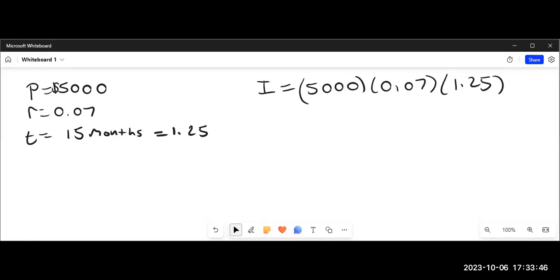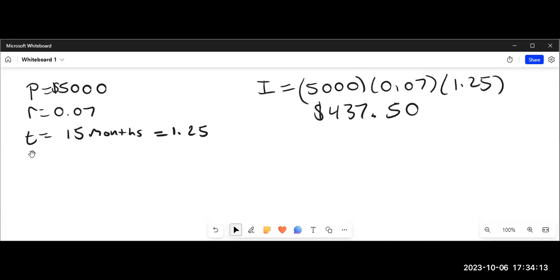5,000 times 7/100 times 1 1/4 is going to be 437.50. And that's the amount that is received on the investment.